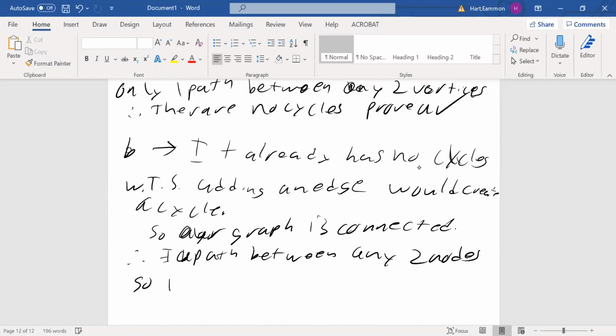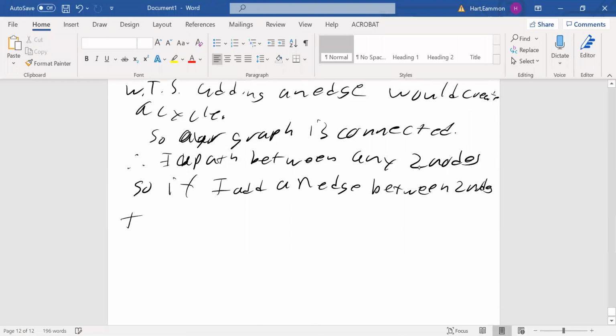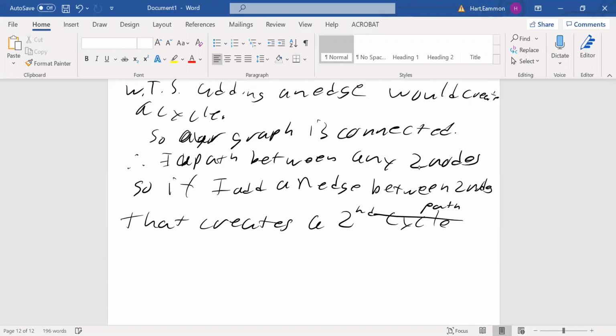So if I add an edge between two nodes, that creates a second path. Therefore, it creates a cycle. Cool.